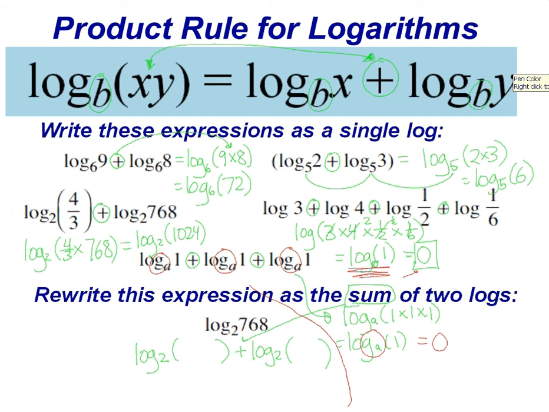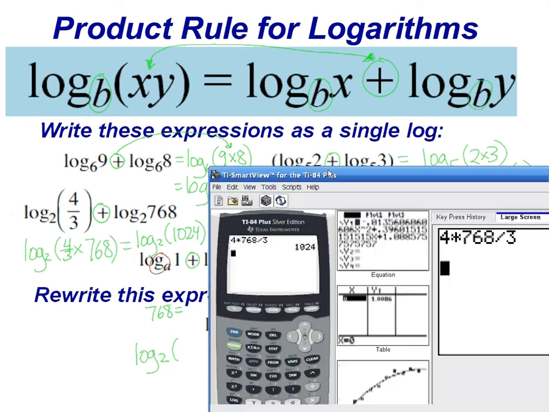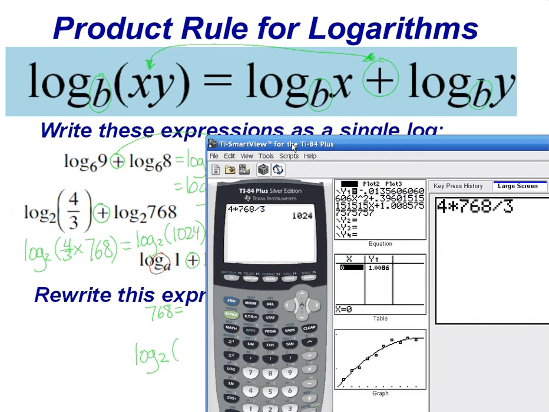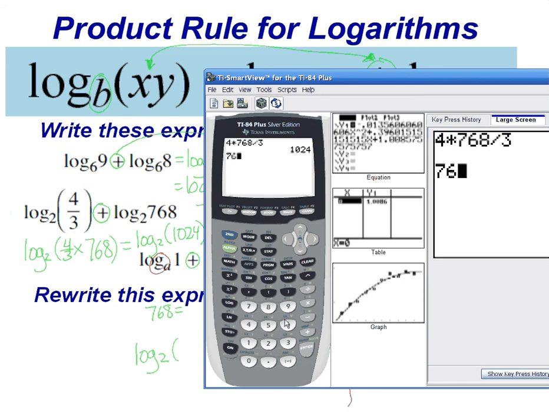Anyways, so now what we have to do is think about it. This number in here is essentially the multiplication of 2 numbers. So we can rewrite that as something times something. So let's try that. 768 equals, and actually in this case, it doesn't even matter. You can choose any two numbers you want. My favorite number is probably 2. It's going to be an easy one. So how about we just use that? 768 divided by 2 is 384.